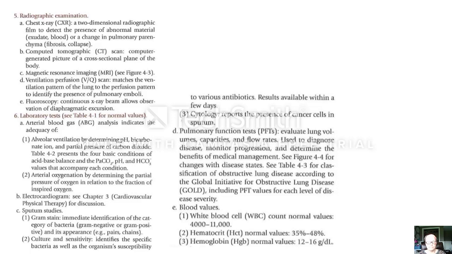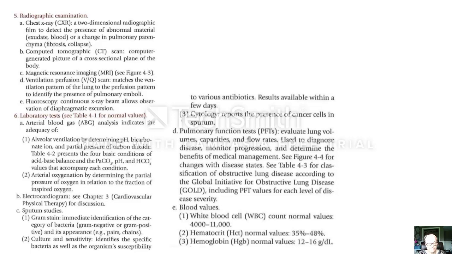Pulmonary function tests, PFTs, evaluate lung volumes, capacities, and flow rates, used to diagnose disease, monitor progression, and determine the benefits of medical management. See Figure 4.4 for changes in disease states. See Table 4.3 for classification of obstructive lung disease according to the Global Initiative for Obstructive Lung Disease, GOLD, including functional pulmonary function test values for each level of disease severity.